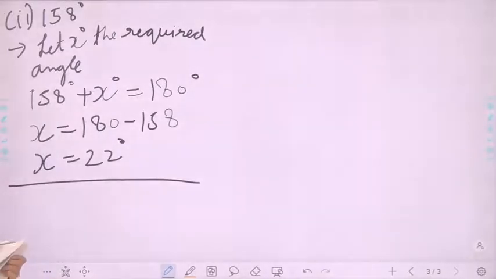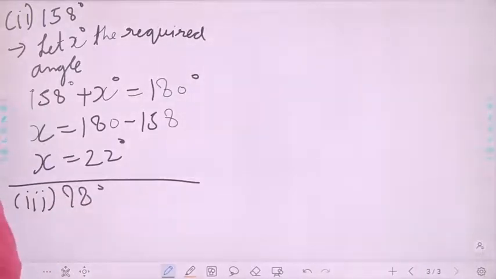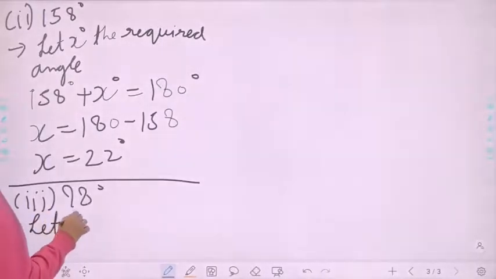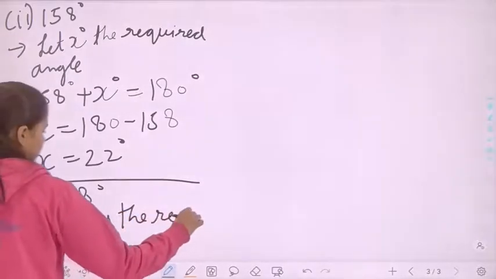That is 98 degree. Same rule will be followed. Okay, let x degree is the required angle.